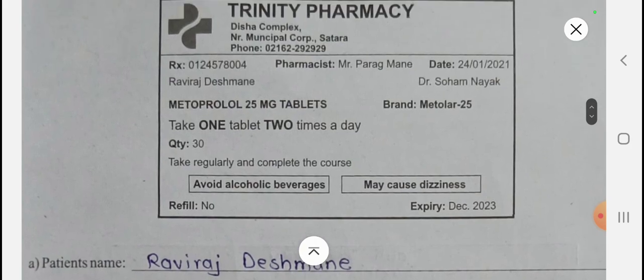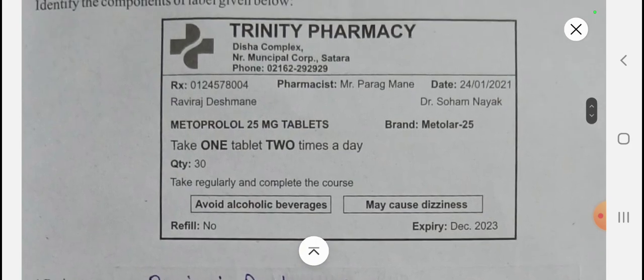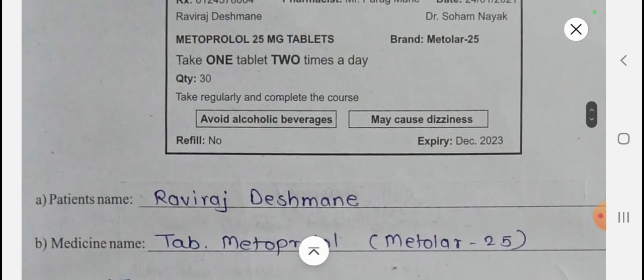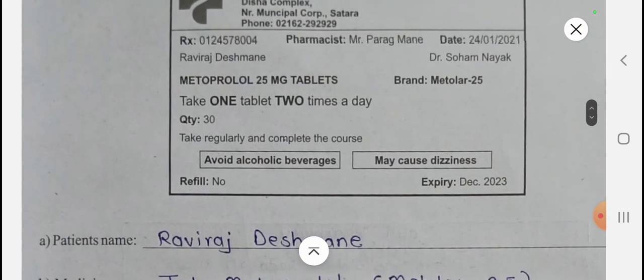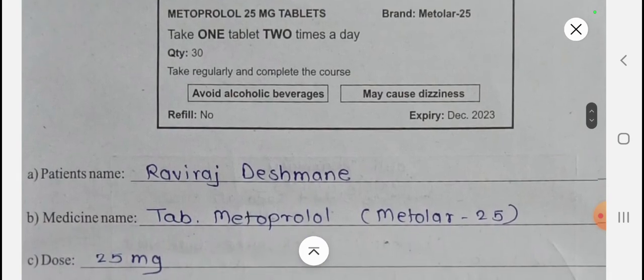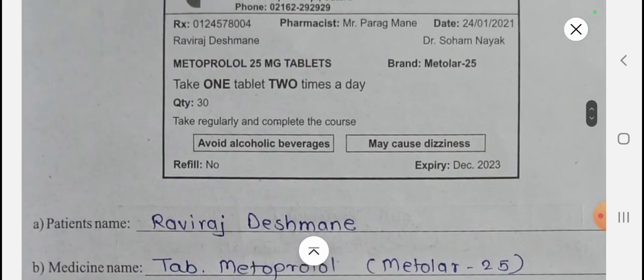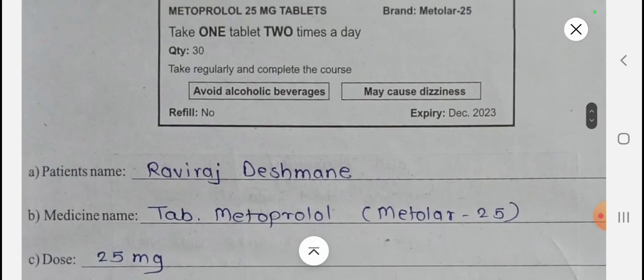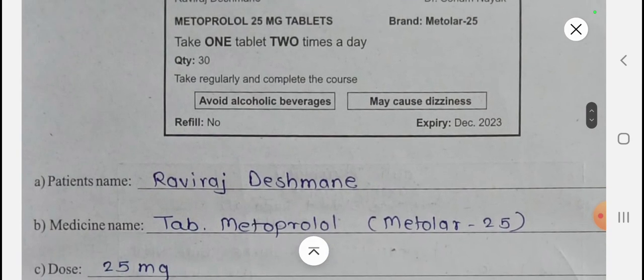So here first is patient's name, which is mentioned here, that is Raviraj Deshmane. Then medicine name: it is metoprolol tablet, so tab metoprolol, and brand name is Metolar 25. Then dose is of course 25 mg.